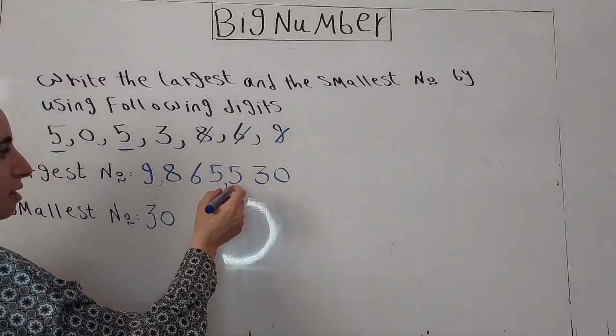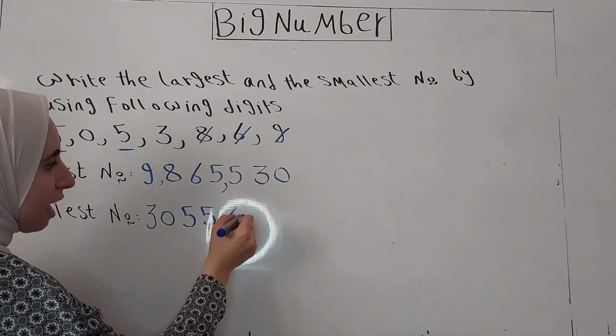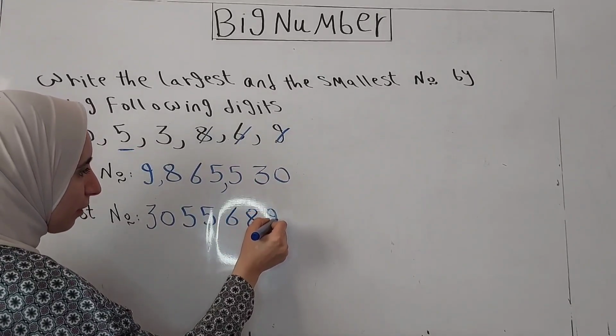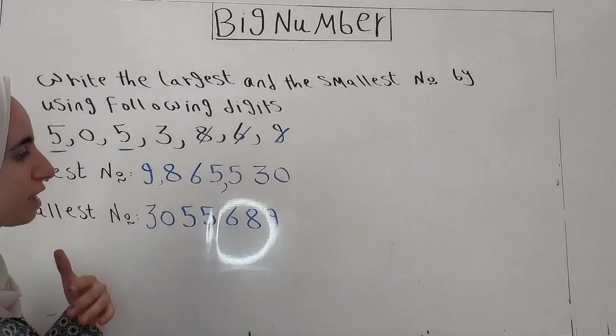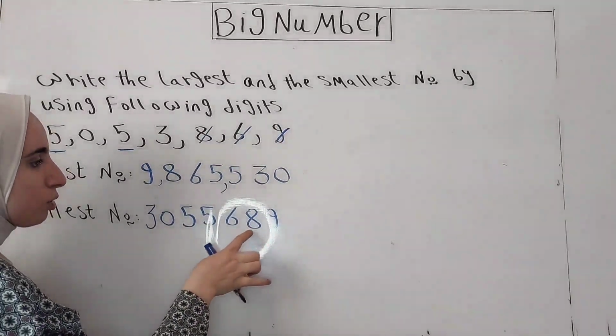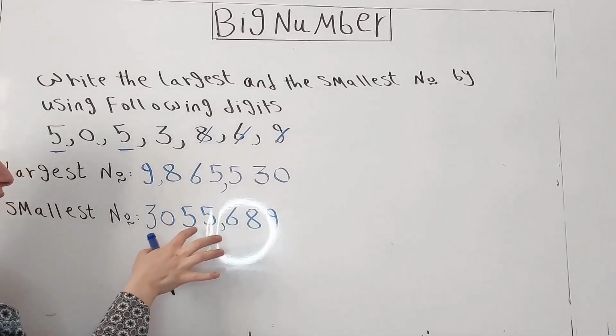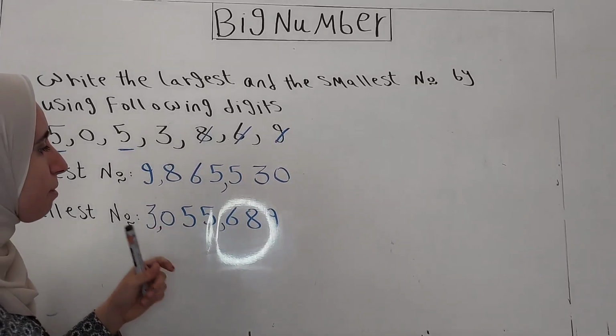Then we complete the smallest number with 5, 5, 6, 8, and 9. Finally, we use commas to separate each 3-digit period from the right going to the left. Let's count with me: 1, 2, 3, comma. 1, 2, 3, comma.